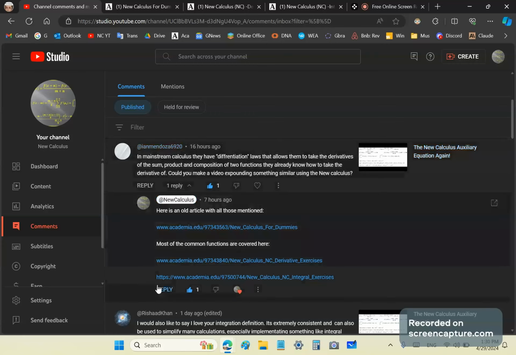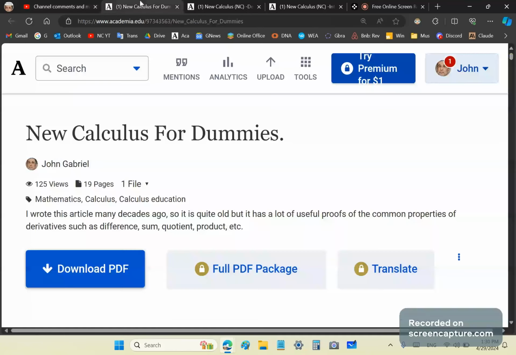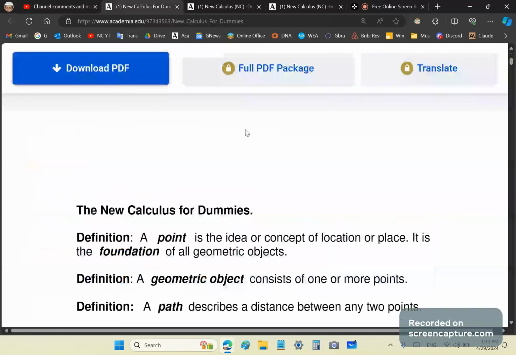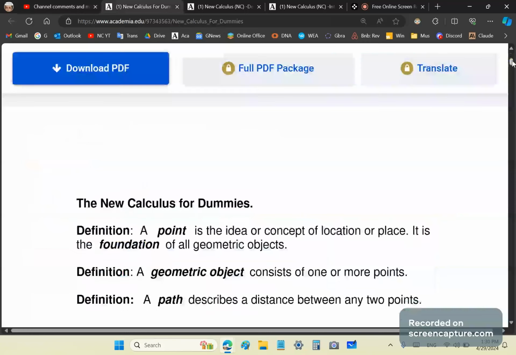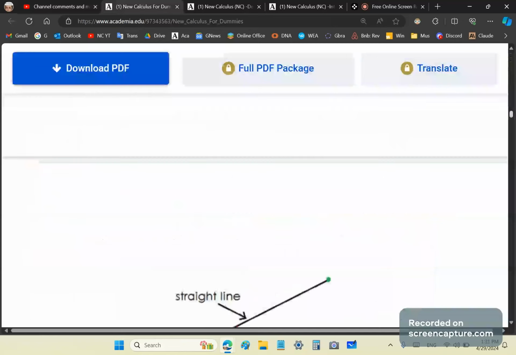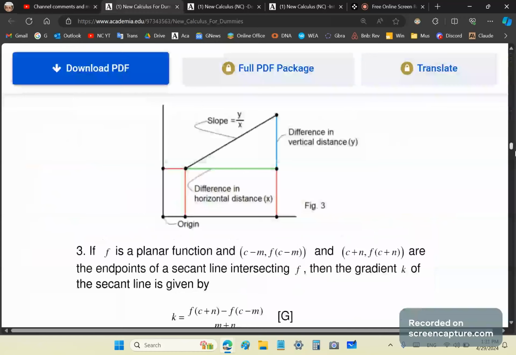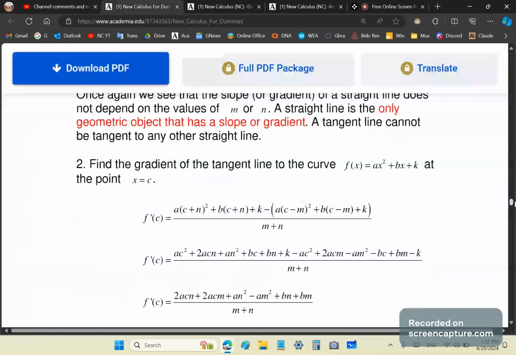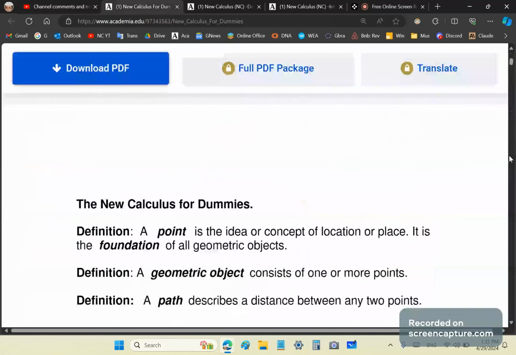And once my vision improves in the future, I may produce more videos on the new calculus derivative and the new calculus integral. But just so that you know, and I'll place links to these articles, the New Calculus for Dummies was one article that was written many decades ago, okay? And it basically gives a lot of information covering the basic types of functions.